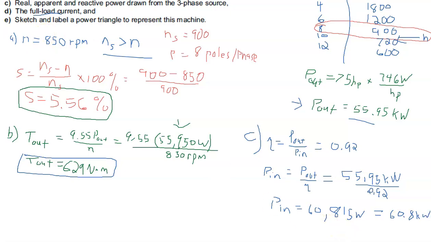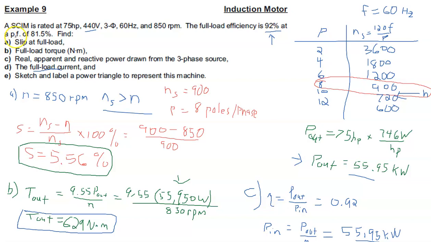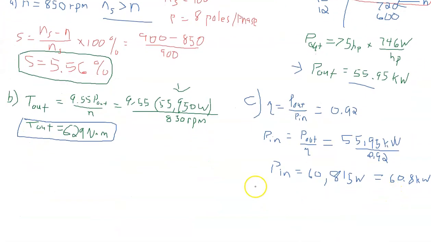Okay, so we've also been given the power factor here, right? And that means that we can find S3 phase. So I'm going to move over here now. S3 phase then will be equal to power in divided by the power factor.